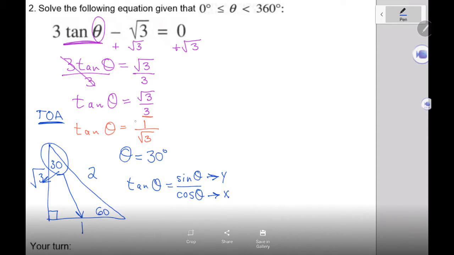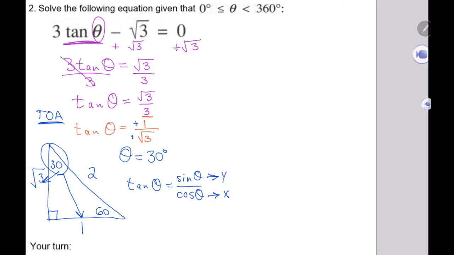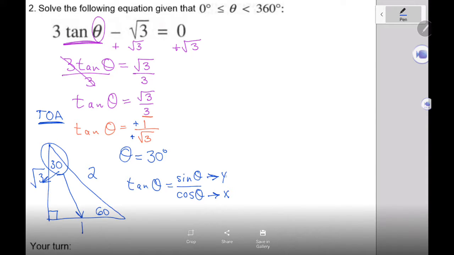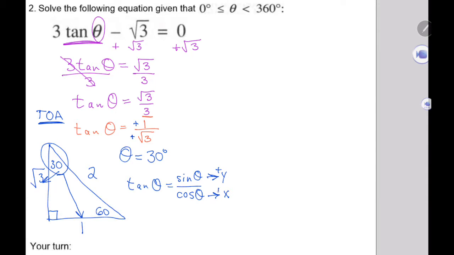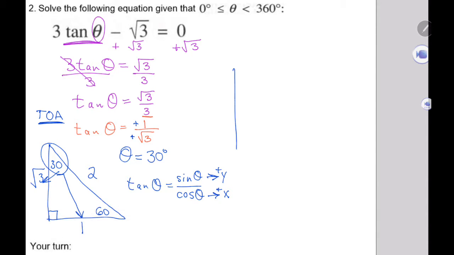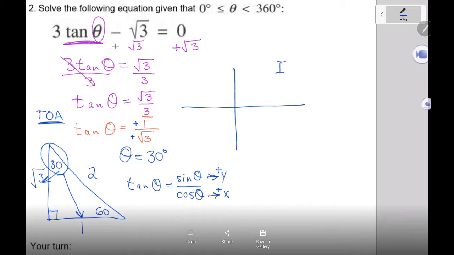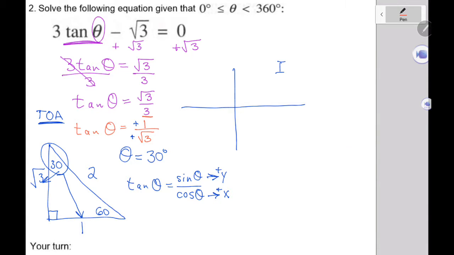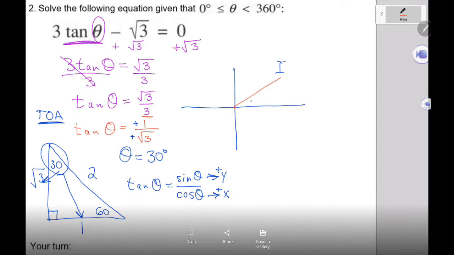And if you notice here, this is a plus 1 and a plus square root of 3, so they're both plus. So we're thinking about plus y's and plus x's. So when we think about this in the coordinate plane, plus y's and plus x's, that's over here, quadrant 1, where everything's positive. So of course I can draw 30 where everything's positive. Of course, there's my 30 degrees right there. So theta is equal to 30.